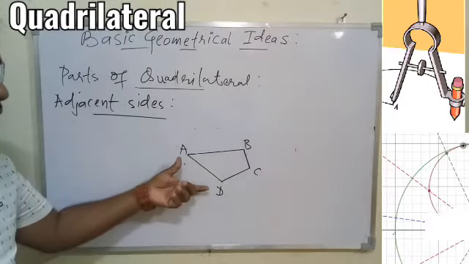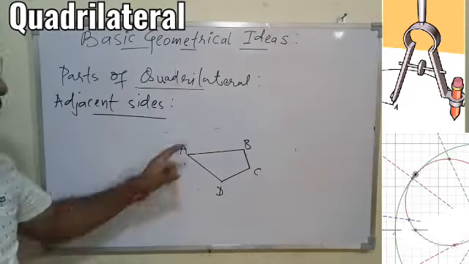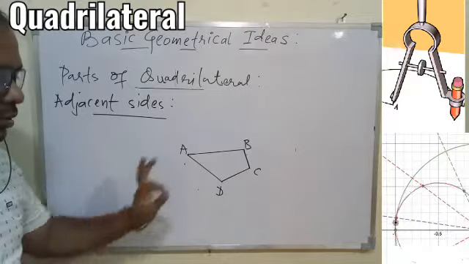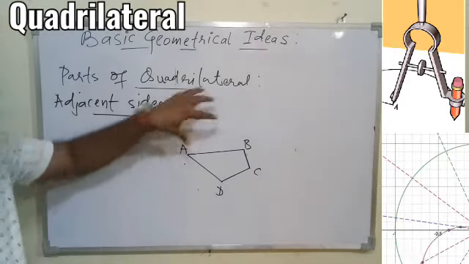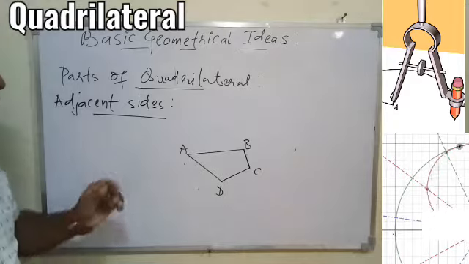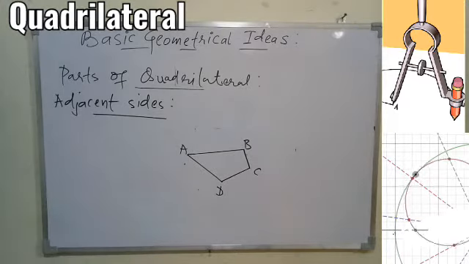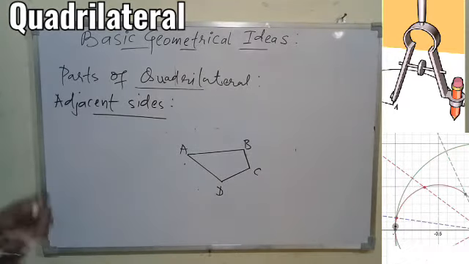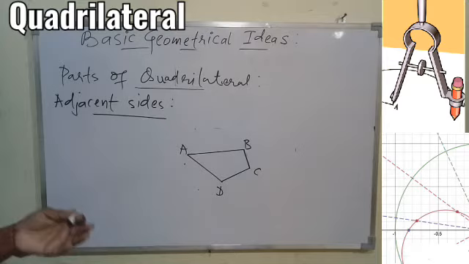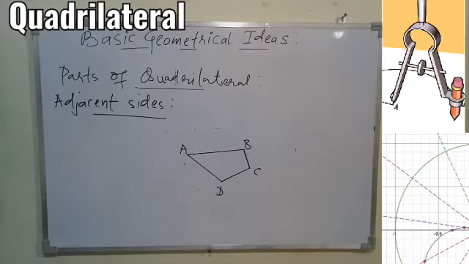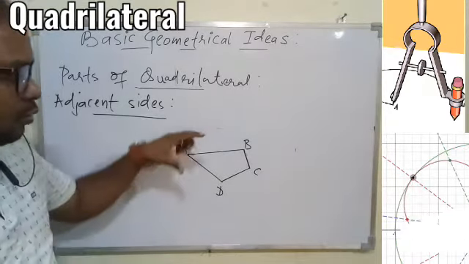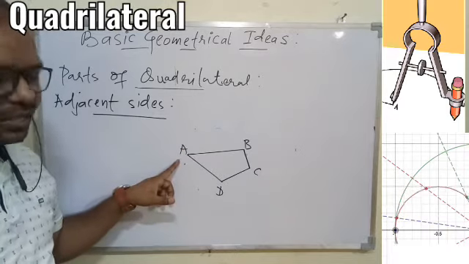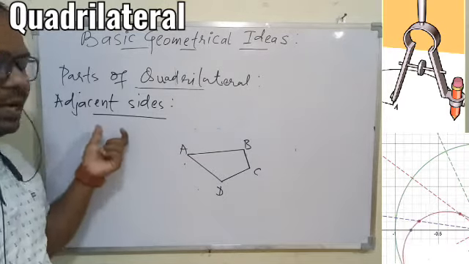For example, if we talk about AD and AB, both are sides of the quadrilateral with a common vertex A. So we can say AB and AD are adjacent. We have already done the definition of adjacent sides, that you should remember. But if you don't remember that much, the only thing you have to take care of is that sides which have a common vertex are basically called adjacent.